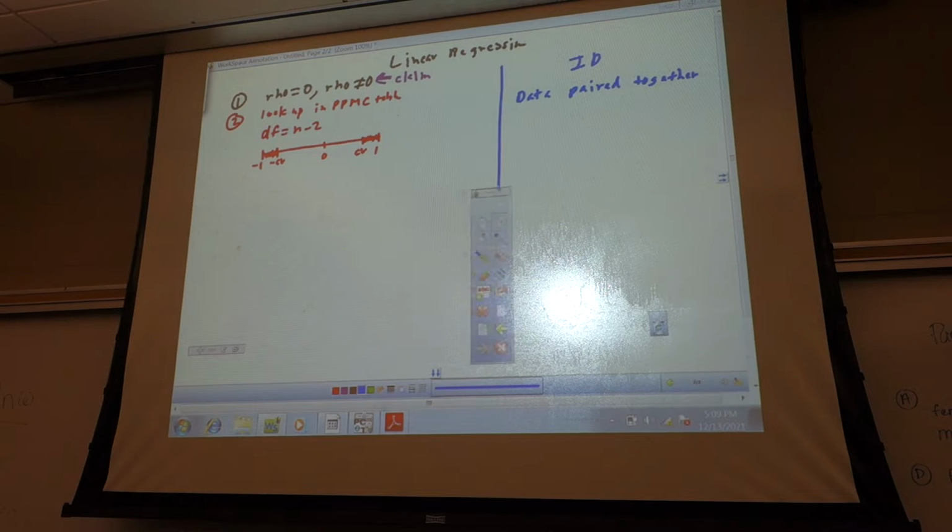Anything else we know? What calculator functions do we use? What calculator functions do I use for linear regression?